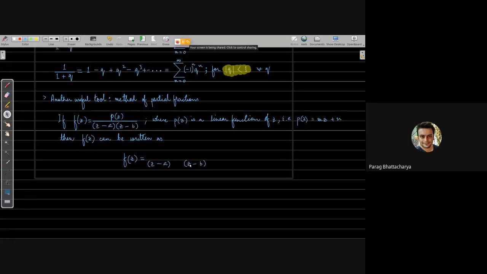That's why it's known as partial fractions.